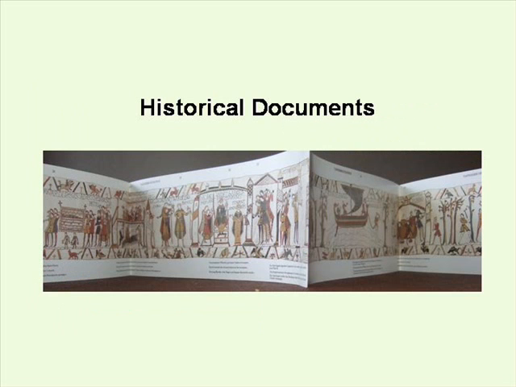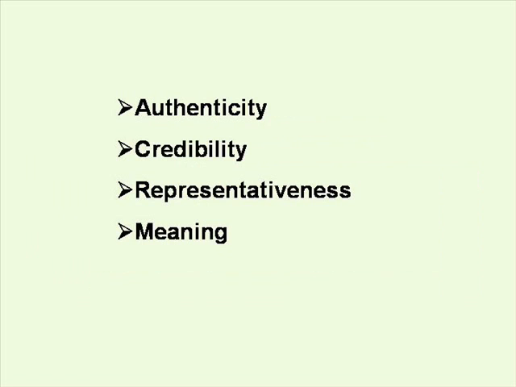Historical documents are public or personal documents from the past. They are often the only source of information, but bear all the problems of documents from the present, without the availability of the sort of balancing data which could be used with current documents. Scott suggested we need to apply 4 tests to historical documents. First, authenticity.